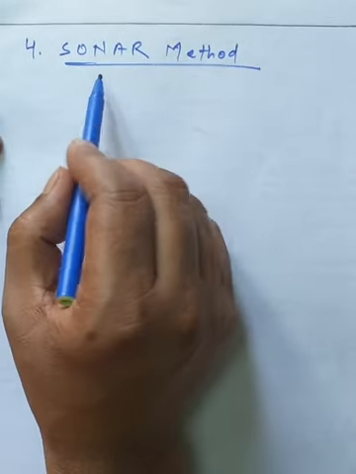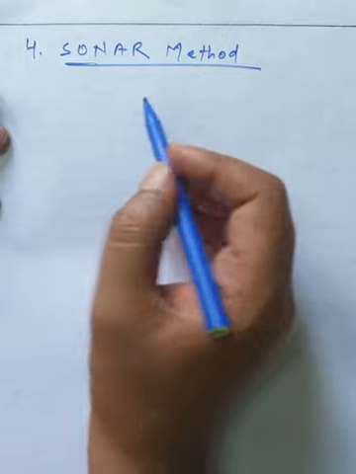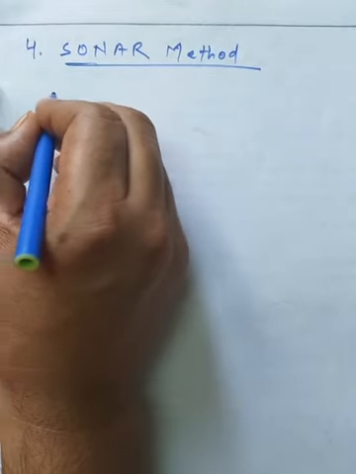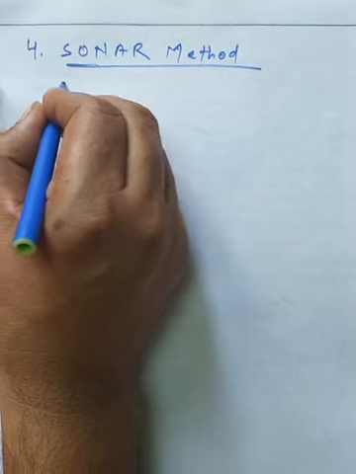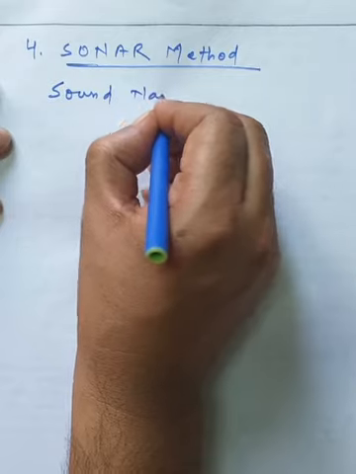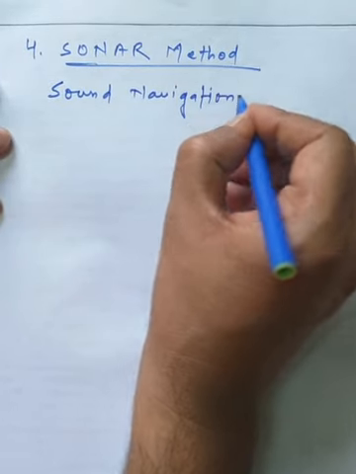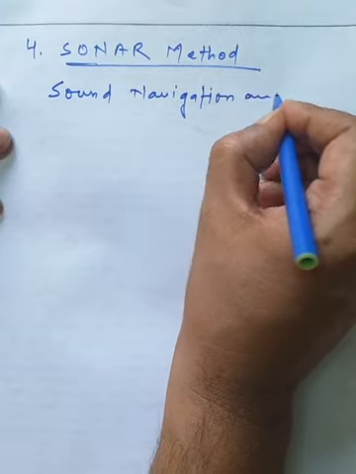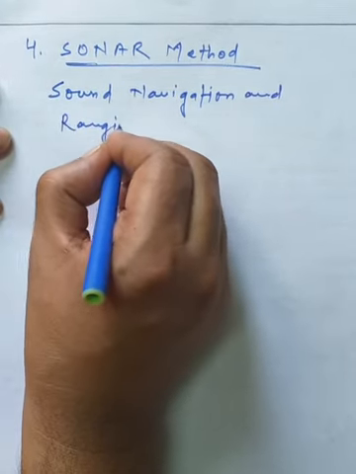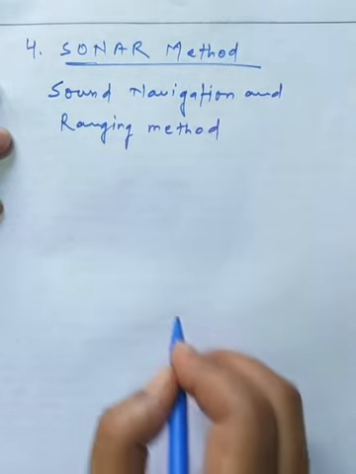So the fourth method we have is called the sonar method, and in the 9th class the abbreviation was briefly given. The word has its own meaning: sound navigation and ranging method.